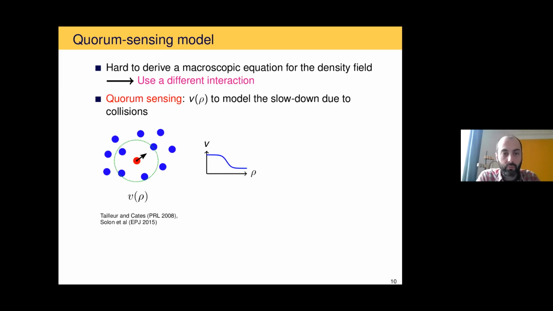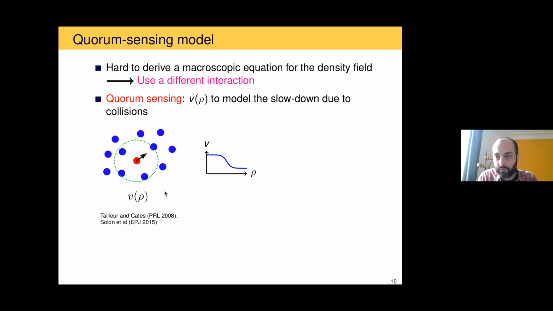And so you can look at the model with quorum sensing interaction. These are particles that move with a velocity v that depends on the local density rho. Concretely, in the simulation, each particle has a radius of interaction, and it counts the number of other particles inside, and it adapts its velocity according to a prescribed function v of rho.